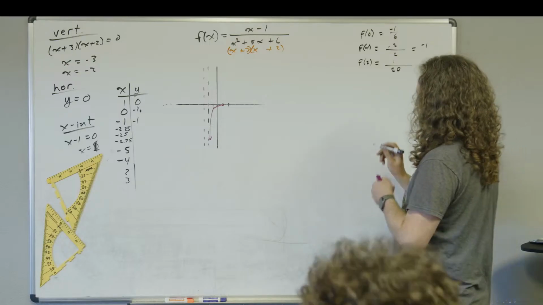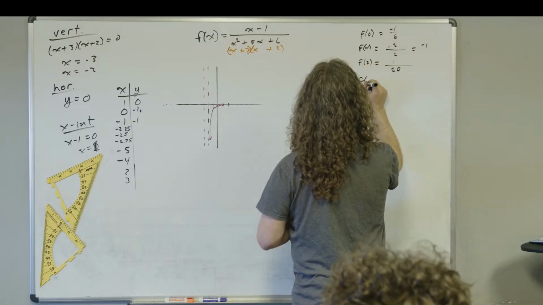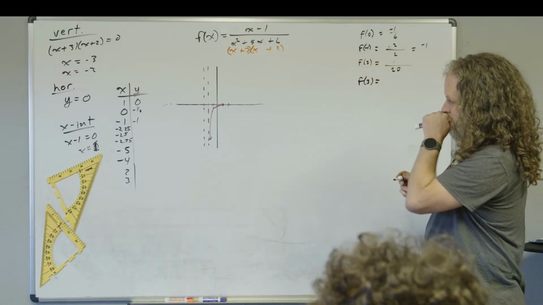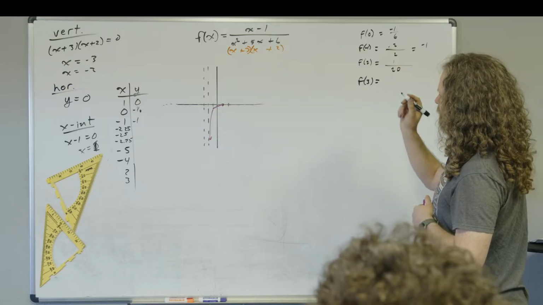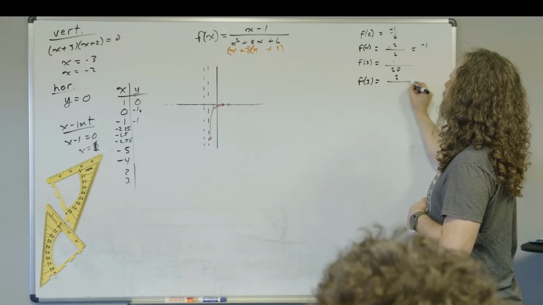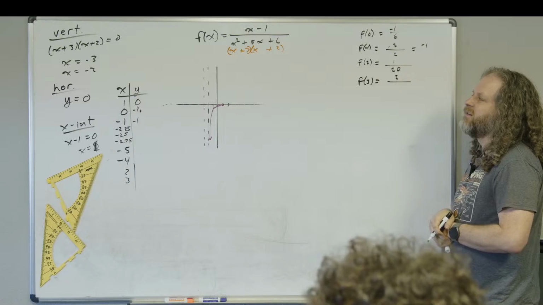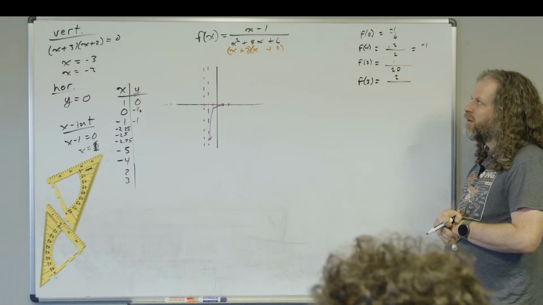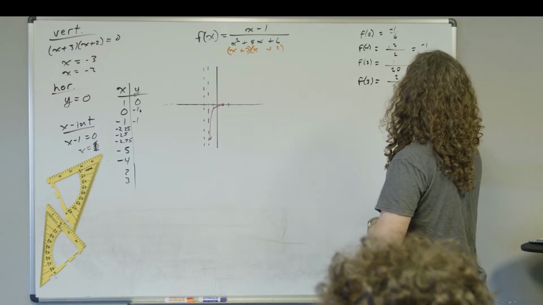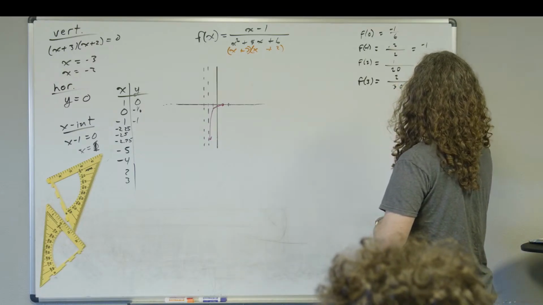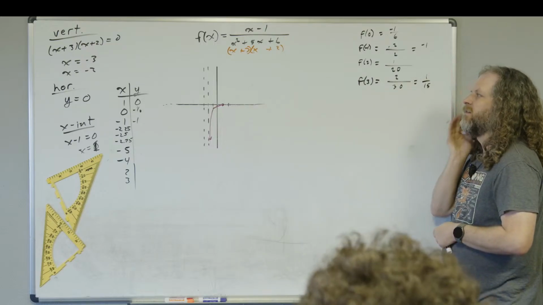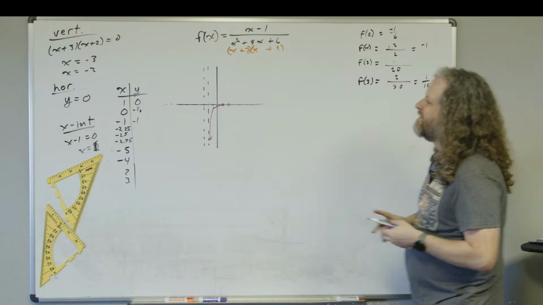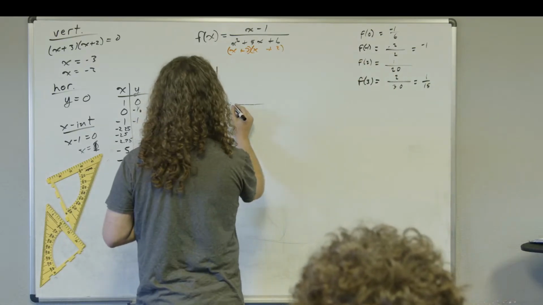And then at 3, f of 3. We got 3 minus 1 is 2. 3 squared is 9. Plus 15 is 24. Plus 6 is 30. So 1/15. So fractionally bigger. Right? Basically follow that.